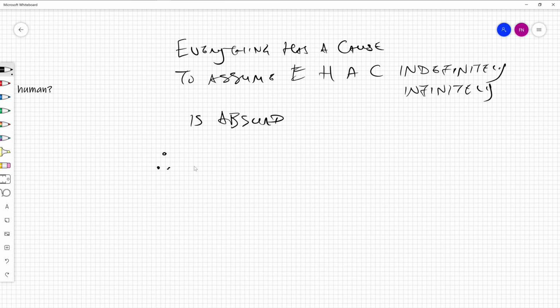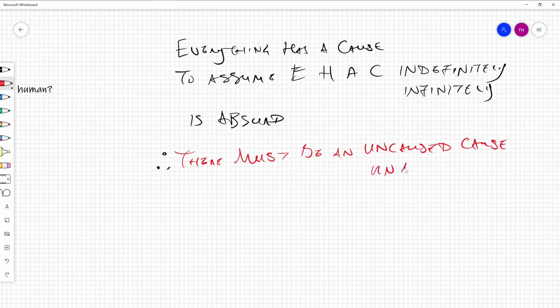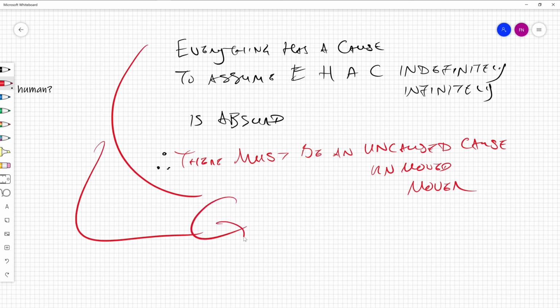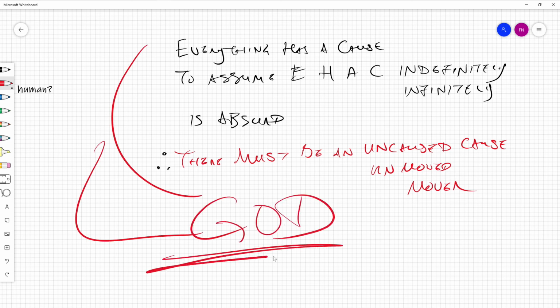Therefore, there must be an uncaused cause, an unmoved mover. God.